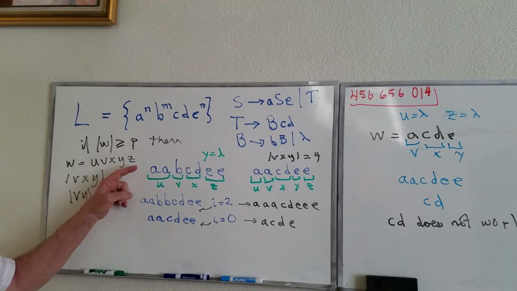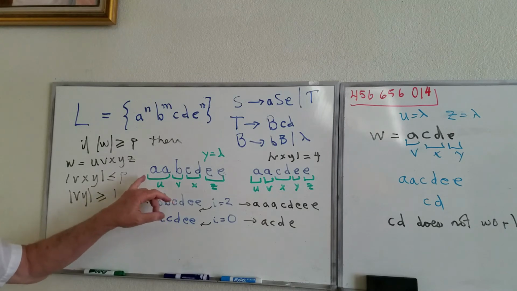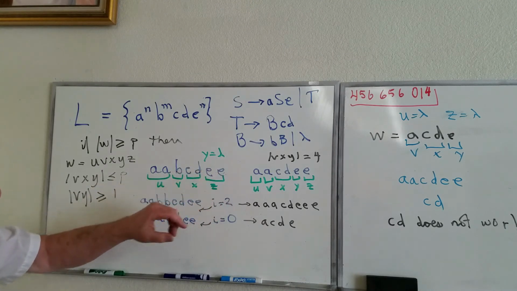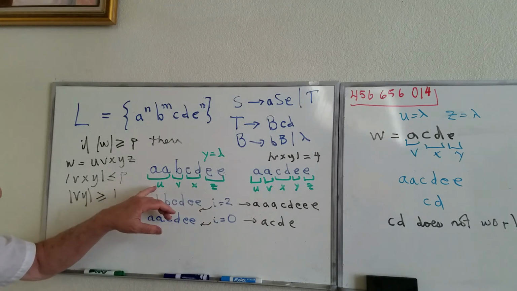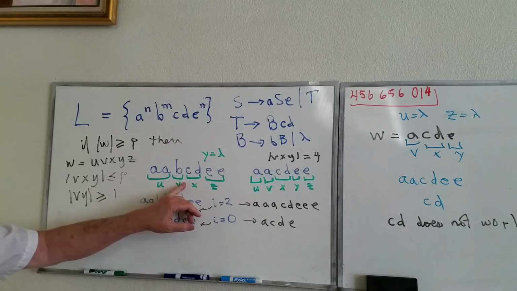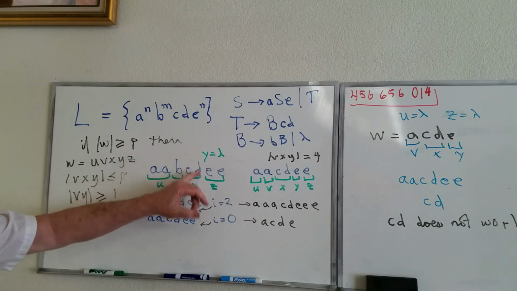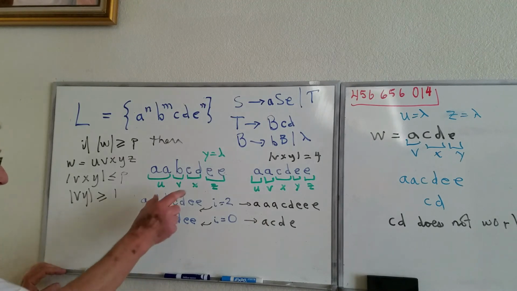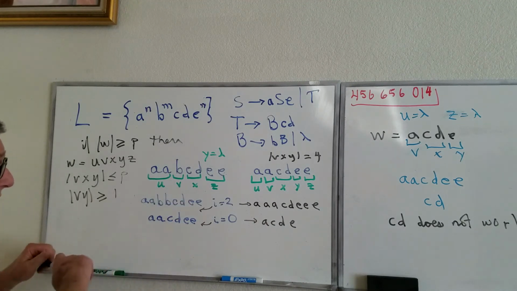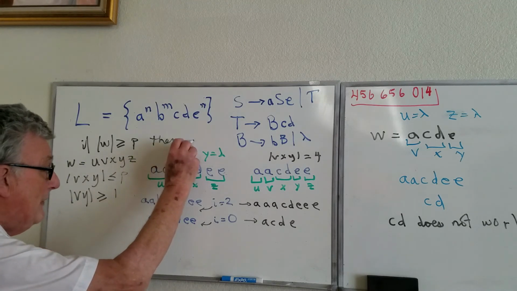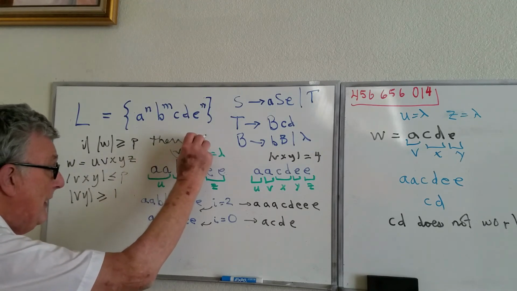First of all, in this example here, we break the string up into u, v, x, y, and z. Here u is AA, v is b, x is cd, y is the empty string, and z equals ee. Notice that vxy in this case has length 3.